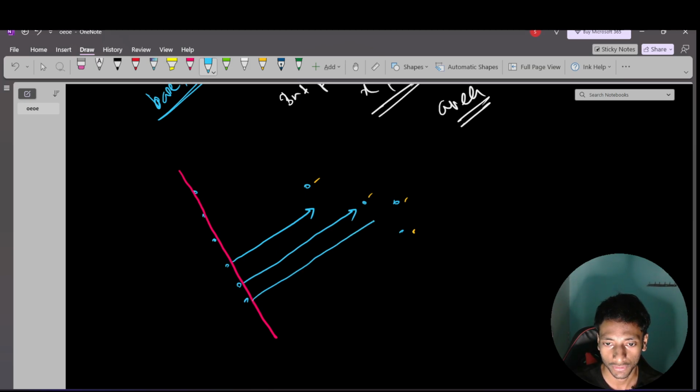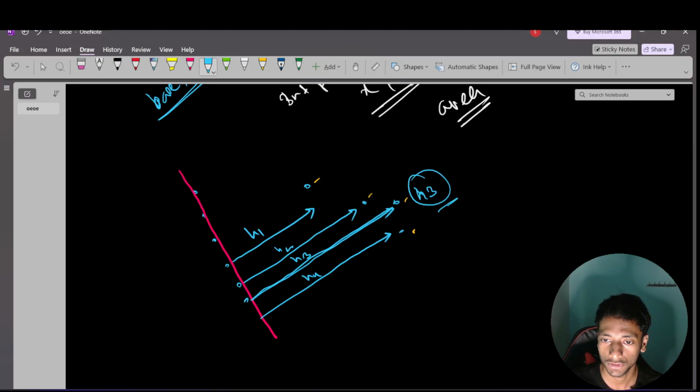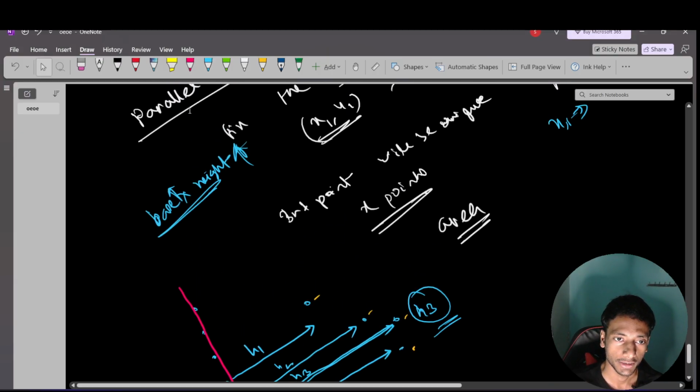This is to increase the height. So I will take the maximum; suppose these are h1, h2, h3, h4. So I'll choose h3, correct? In this way I maximize the height in this area calculation.